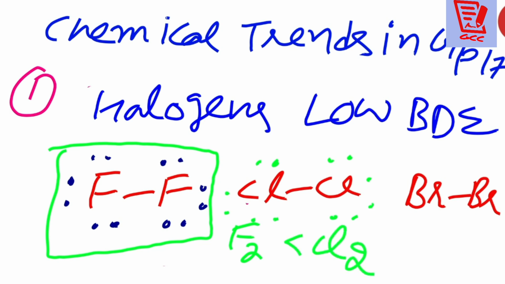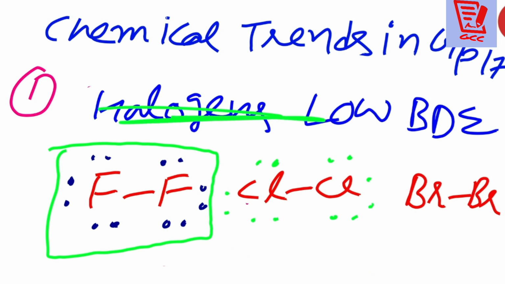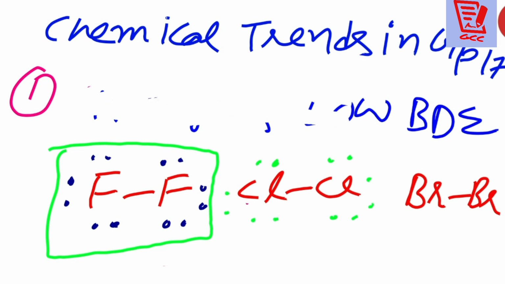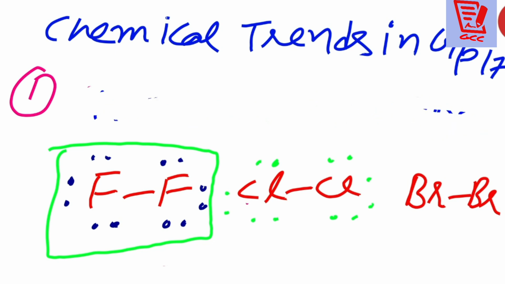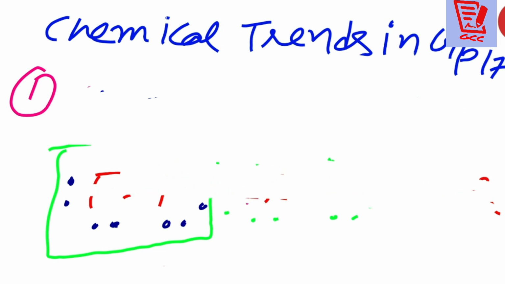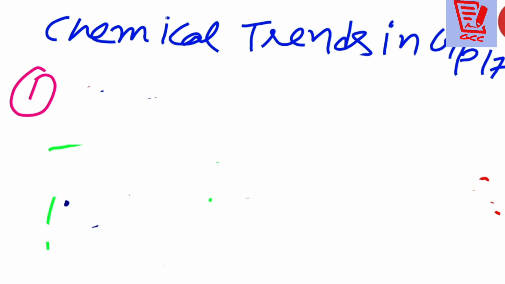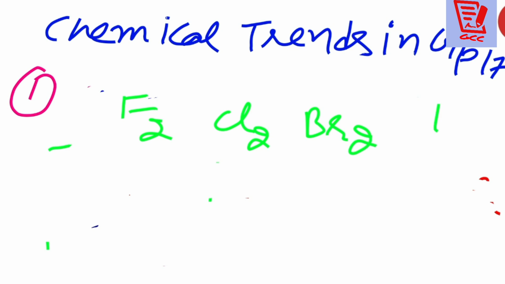Here I'm writing F2, here Cl2, here Br2, and here I2.